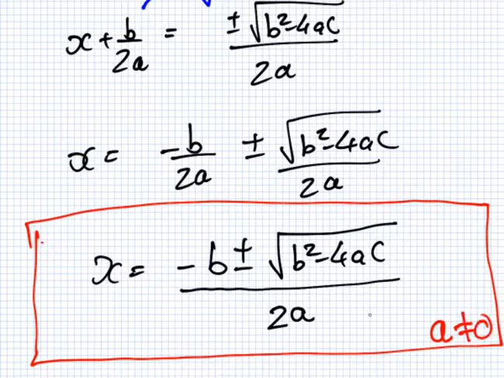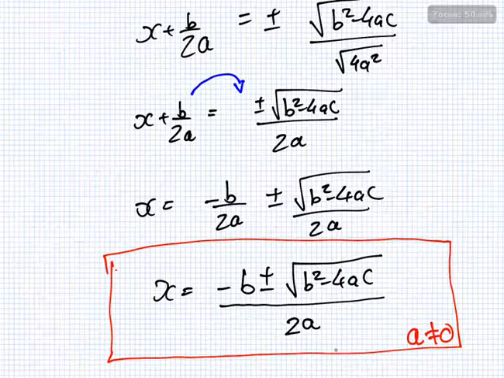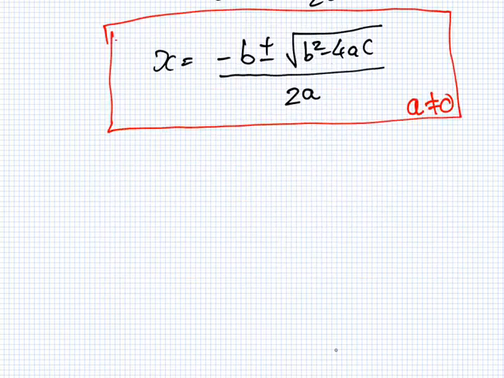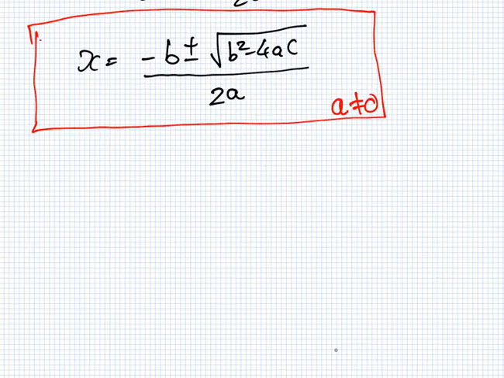So I'll multiply the top and the bottom by 4a. So now I get x plus b over 2a, squared, plus 4ac over 4a squared. Sorry, that's a plus there. Minus b squared over 4a squared equals 0.